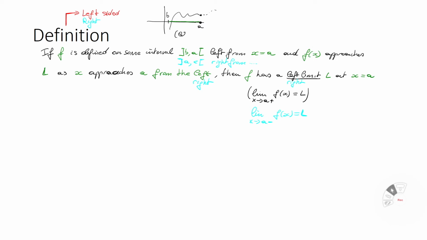We can also make a picture for the right limit. So here we take our point and approach from the right. We have a function that's defined on some interval a c to the right of a, and maybe the function is defined somewhere else as well, but we don't really care about that. What I do is approach a from the right.